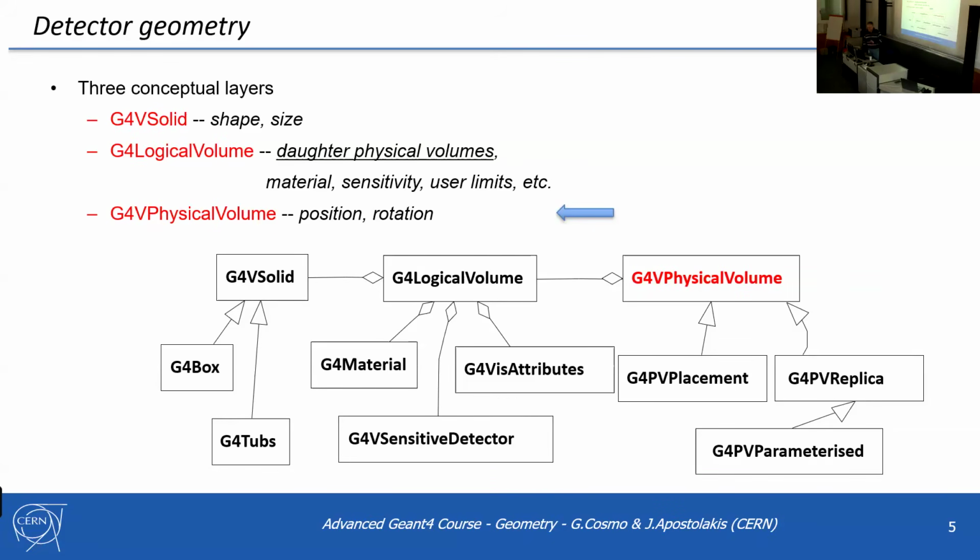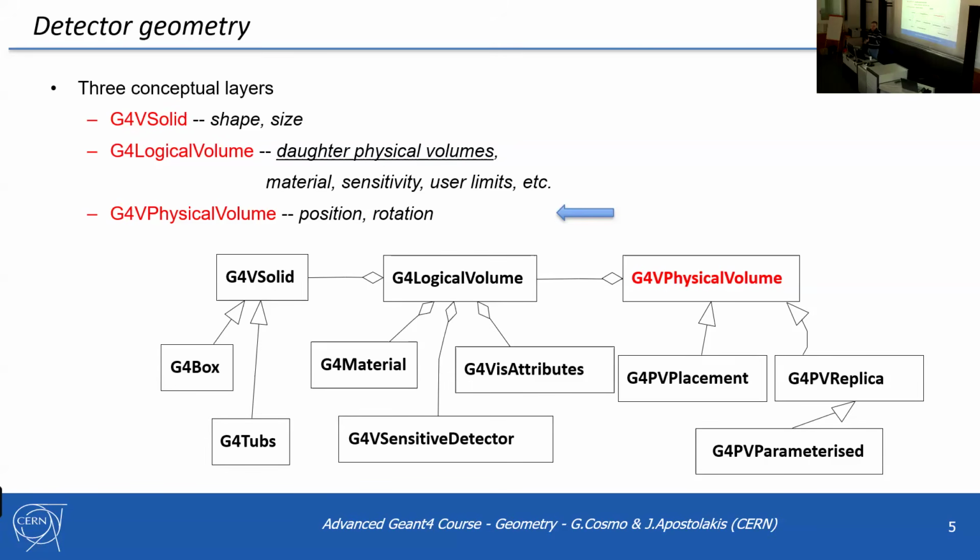So I assume that some of you have already participated in the first course, or in any case are a bit familiar with how to build a simple geometry, a simple setup, basically composed of placed volumes. So you are a bit knowledgeable about the meaning of these three layers that exist: solid, logical volume, and physical volume. Okay.